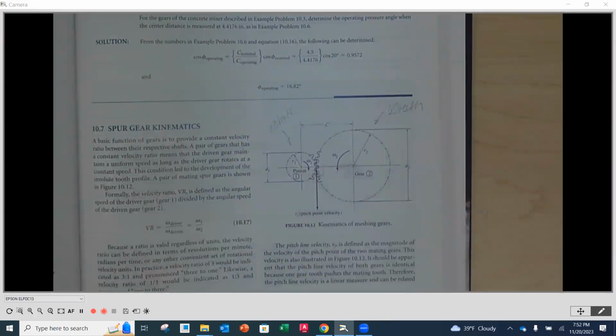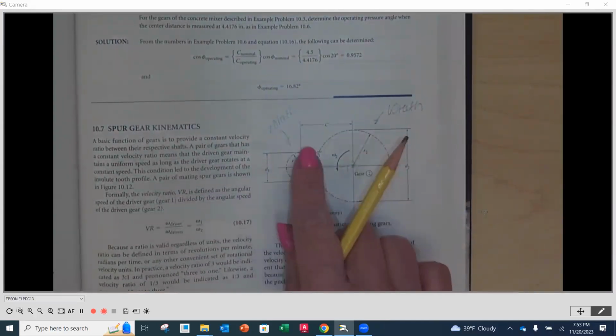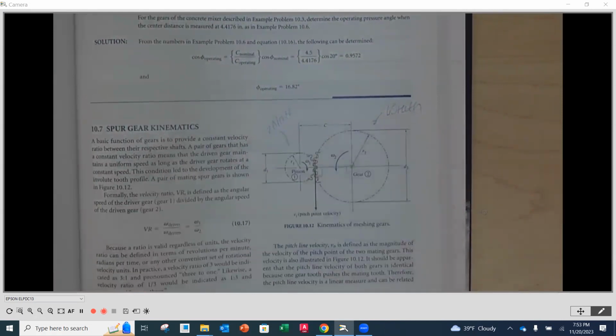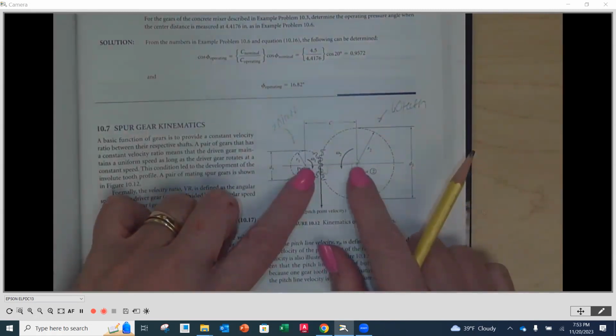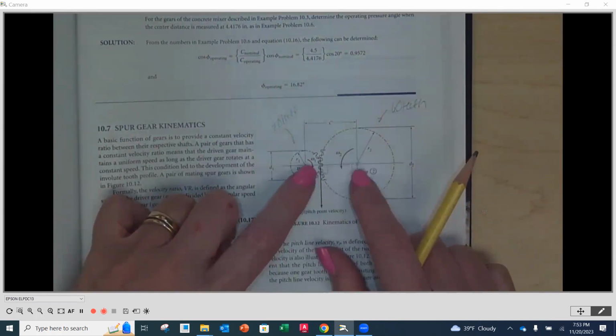It's just the physical distance. Or I can take the pitch diameters, add them together, and divide by 2. So center distance is the distance between the center of one gear in mesh to the next. Does that make sense? Yep. Good question.